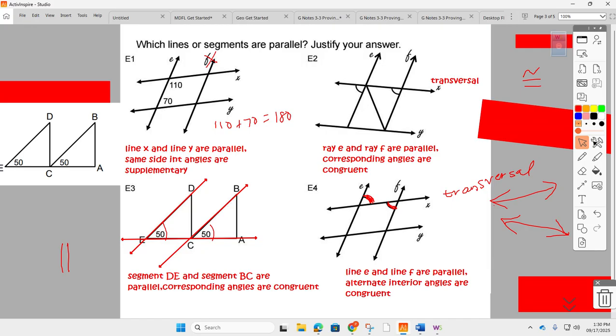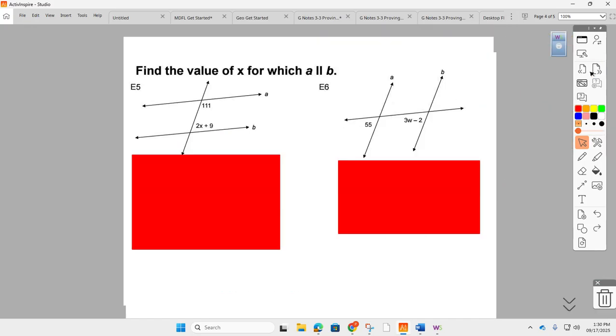All right, we're going to go to example 5 and 6. So now the question is, what does the value of X have to be for line A to be parallel to line B? Right? So we're still looking at a pair of angles. We're looking for them to be a special angle pair that we've learned about.